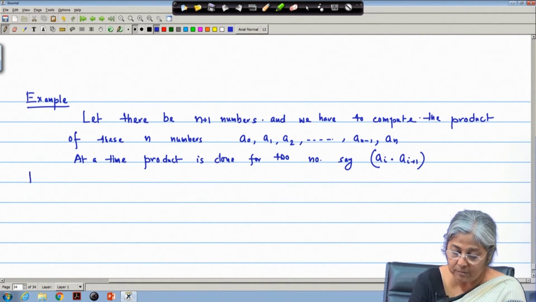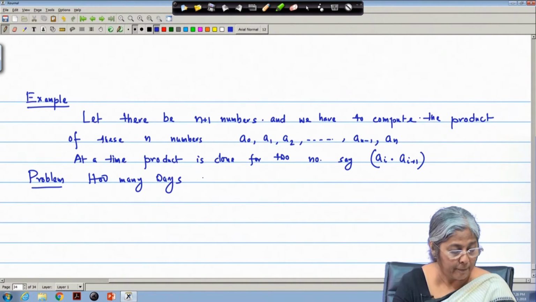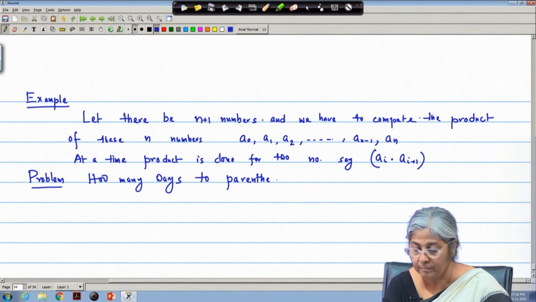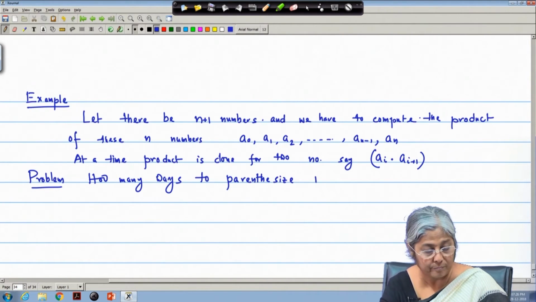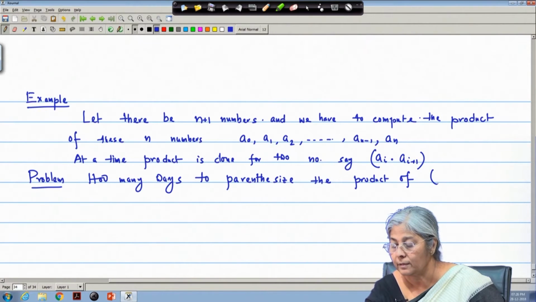Now, the problem is how many ways are there to parenthesize the product of n plus 1 numbers.